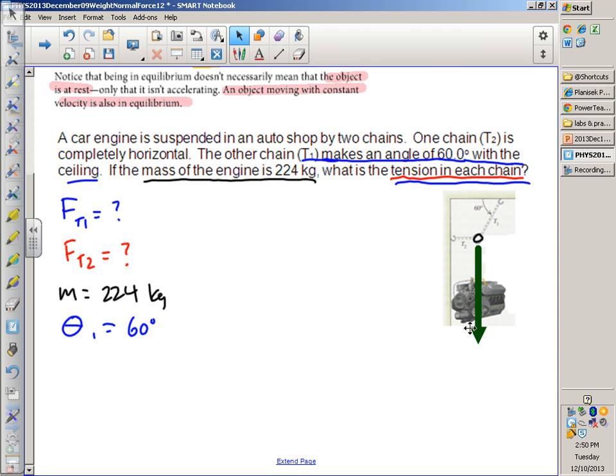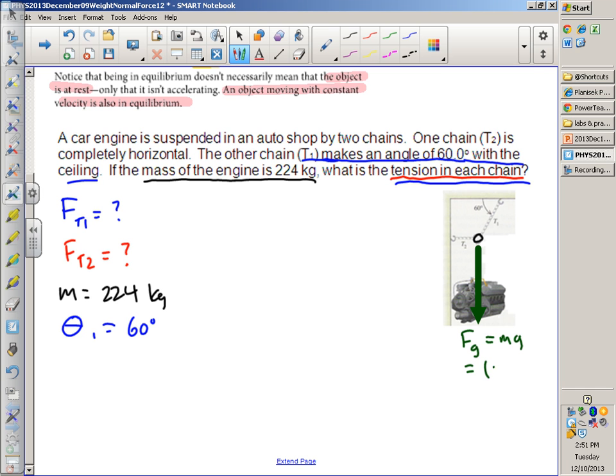Okay? Let's add that gravitational force. I'm going to make it a little bit smaller. We learned earlier, right, that's a force of gravity acting on that engine as it hangs there. And we learned how to calculate that force, right? How do we calculate that force of gravity? mg. The mass of that object times the acceleration of gravity.